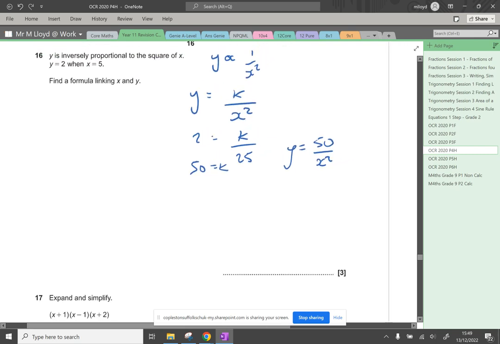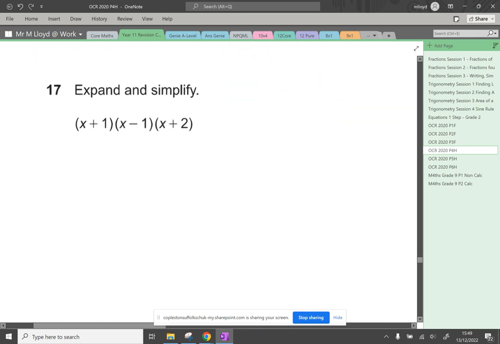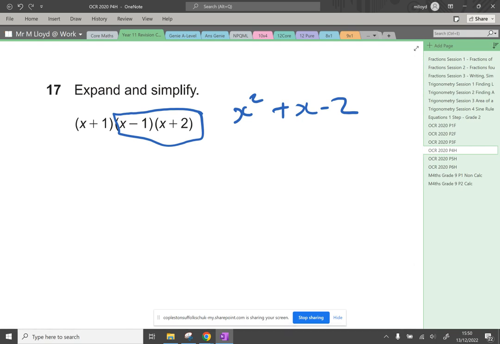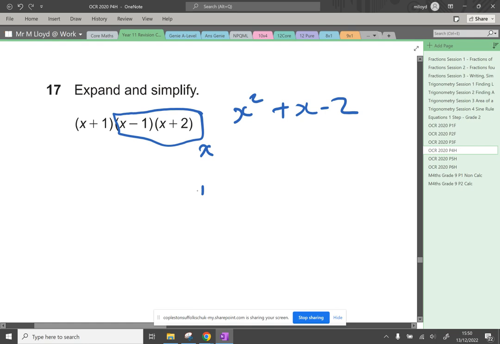Okay, expand and simplify. So I'm going to do these two first. X squared plus x take away 2. And I can do that just by adding these two together to get the plus x, multiplying to get the constant at the end. And then we're going to multiply by x plus 1.